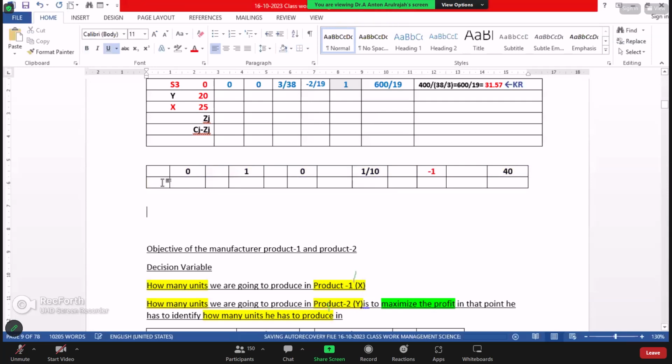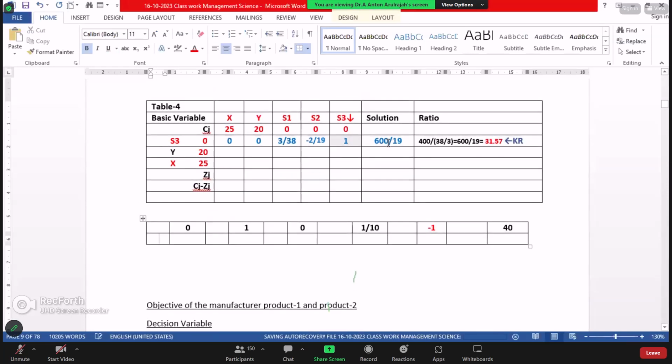Right, so then I have to multiply this new row by minus 1.